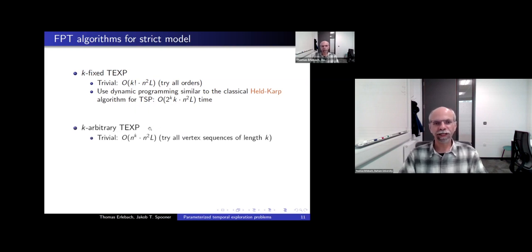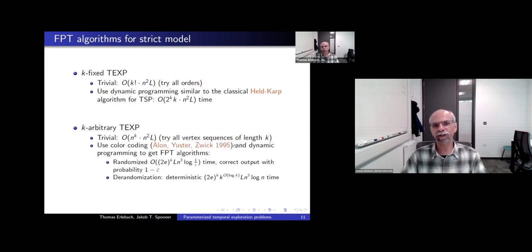For the k-arbitrary TEXP problem, where you just want to visit any k vertices, a trivial algorithm would say in n to the k time, you enumerate all possible sequences of k vertices that you might visit. And then for each of these sequences, you check in n squared L time whether you can visit them in that order. That would not be FPT. We can use color coding, the classical FPT technique by Alon, Yuster, and Zwick, combined with dynamic programming to get FPT algorithms.